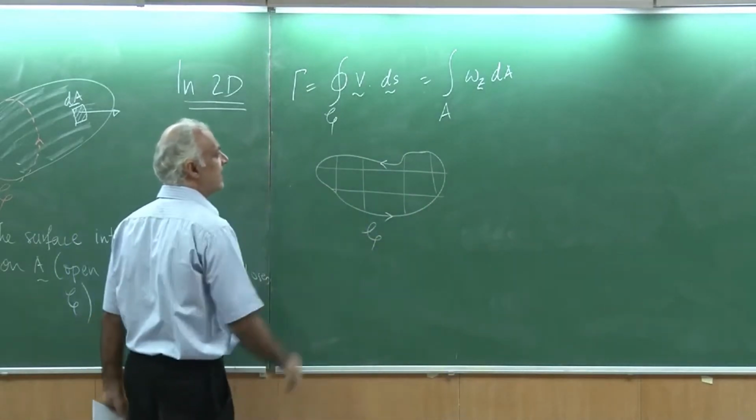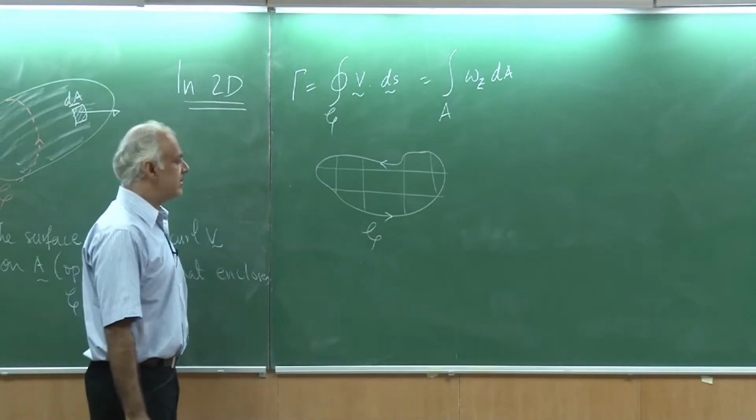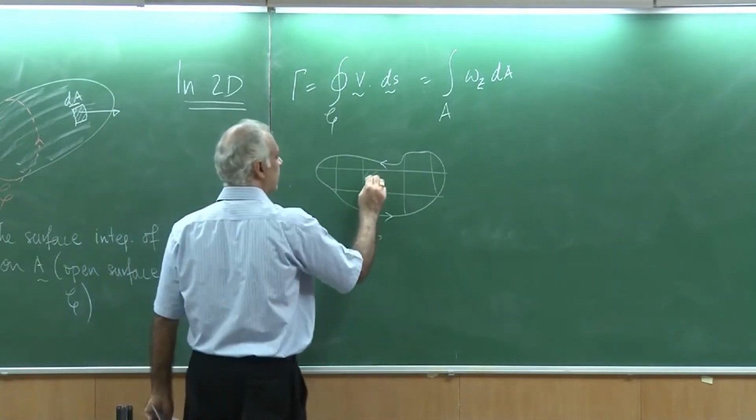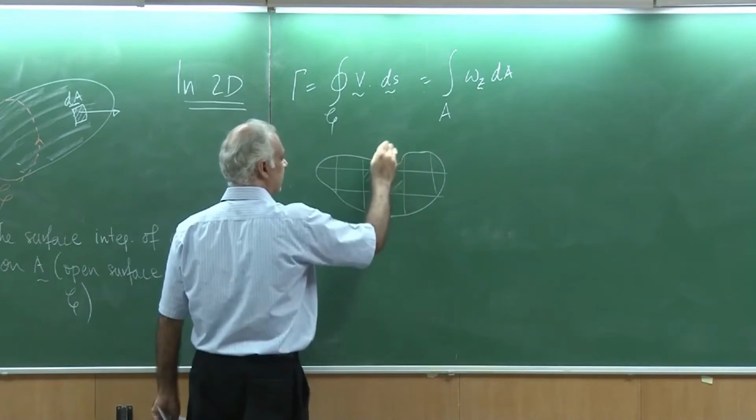So, this entire area is A, and suppose I call each one of these as dA.